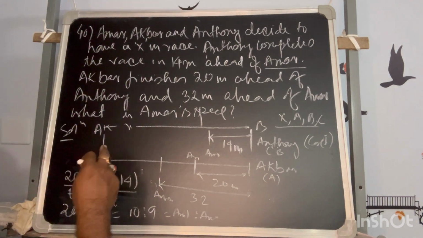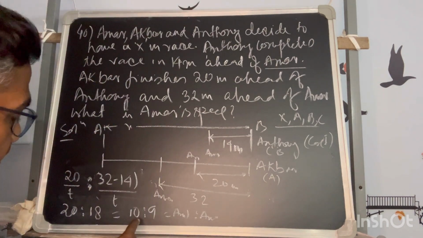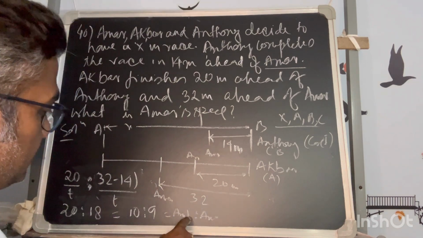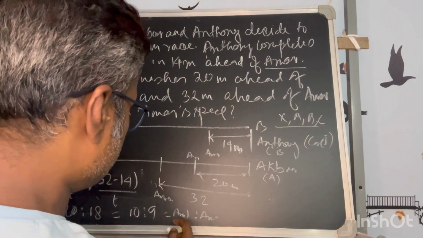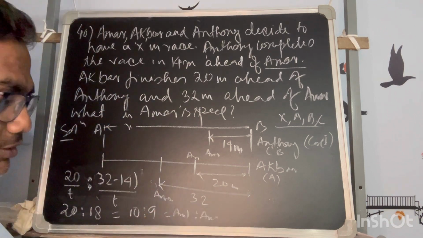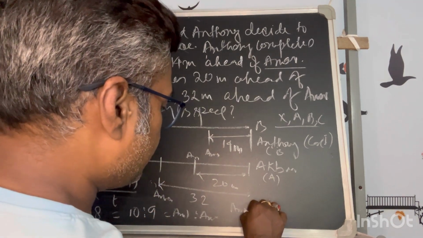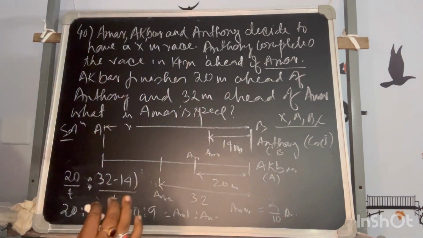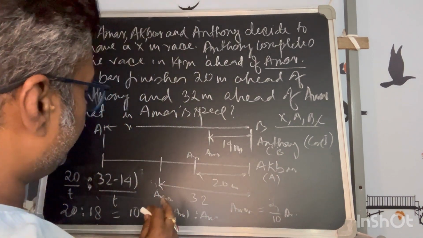So I can also represent Amar's speed with respect to Anthony's speed. Amar's speed will be 9/10th of Anthony's speed. That way you can represent it.